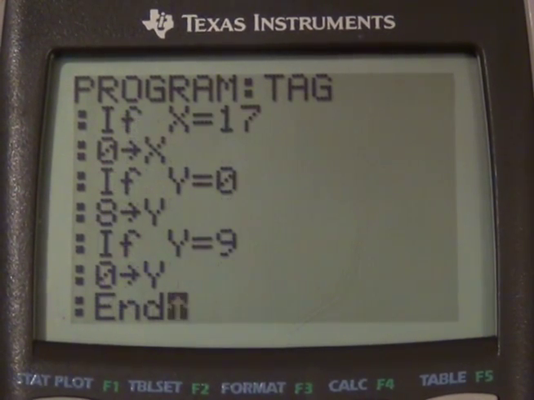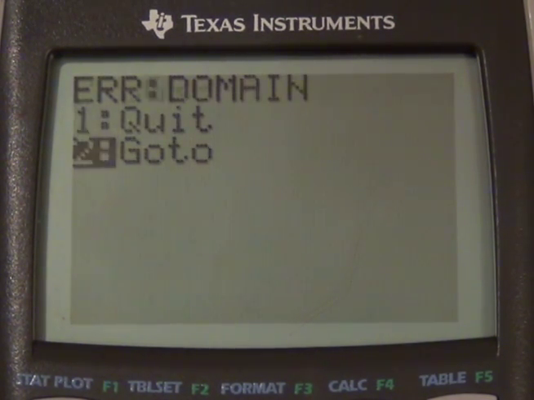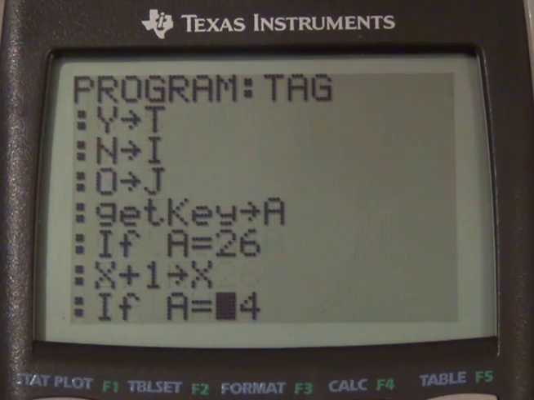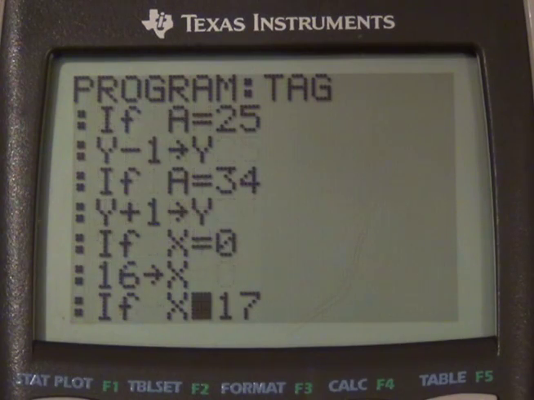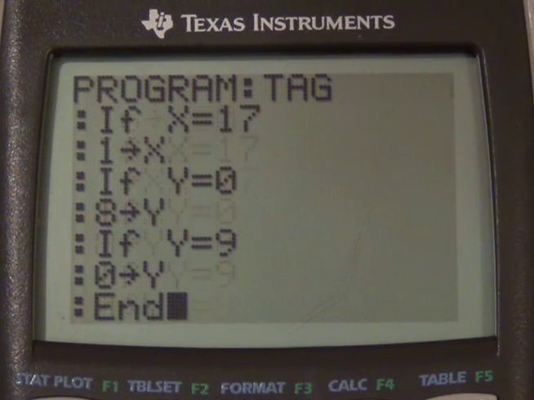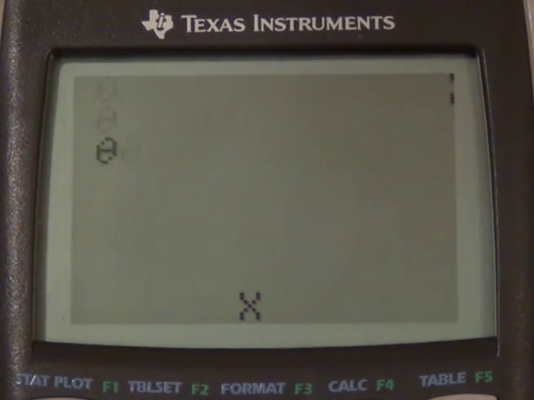There we go. Now we can wrap the screen. Oh, what did I mess up? Oh, 1 stores x, I'm sorry. And 1 stores y, of course. There, now we can wrap the screen. Perfect.